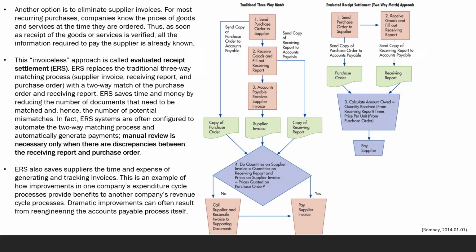Okay, so let's look at the traditional three-way match real quick on the diagram. Just like what we learned before, one, we send the purchase order to the supplier, right? We get a copy of that over here at accounts payable. And then two, receiving goods and filling out the receiving report. We send a copy of the receiving report to accounts payable. And then we, accounts payable, receive the supplier's invoice.